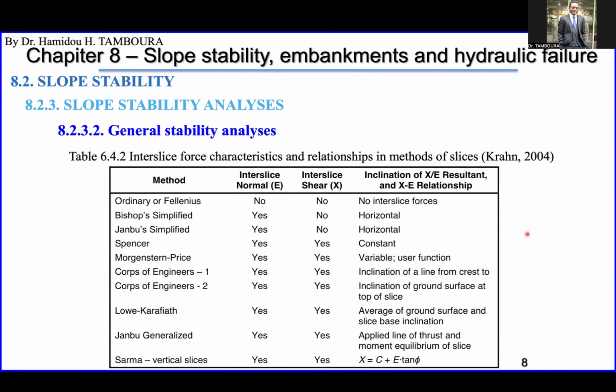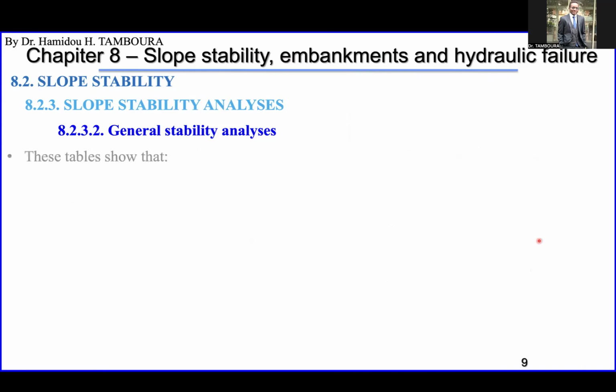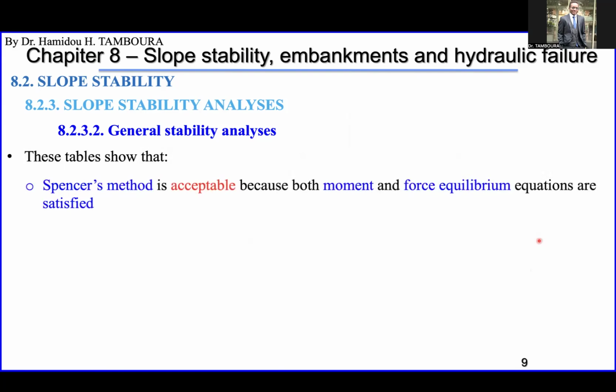Okay, so this table we just saw, the two tables, they show that Spencer's method is acceptable because both moment and forces equilibrium equations are satisfied.